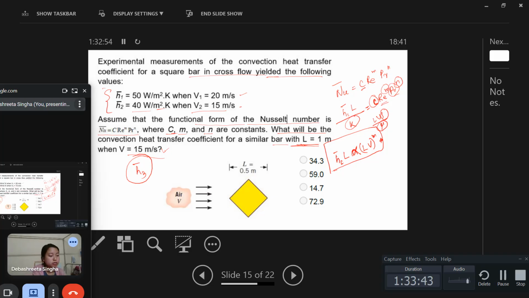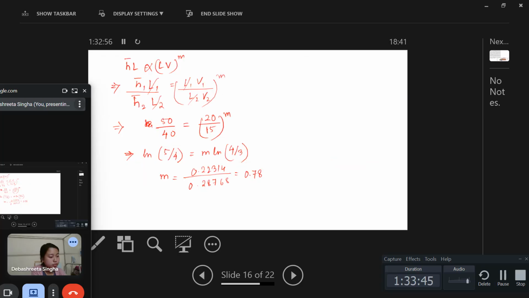You can write H2 L2 divided by H3 L3 equals (L2 V2 divided by L3 V3) to the power m.